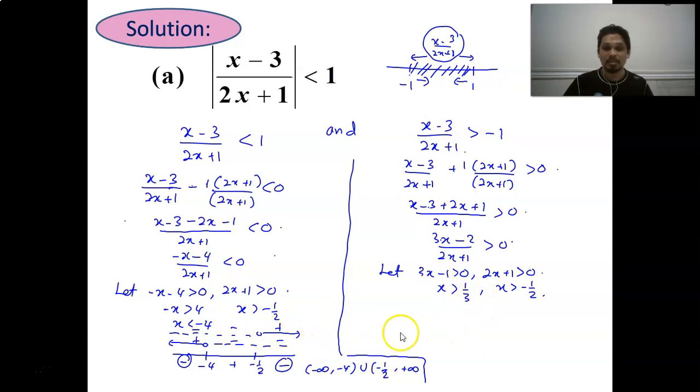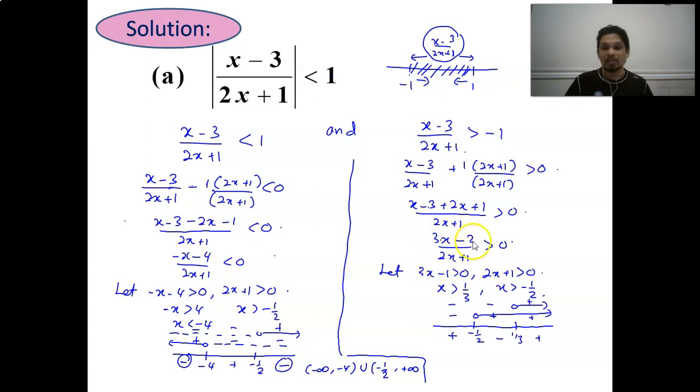So again, just like this one here now, we are playing with a sign of positive and negative. Negative 1 over 2 and 2 over 3. Both are greater than. So we come up with positive, positive, negative, positive, negative, and negative. We come up with positive, negative, positive.